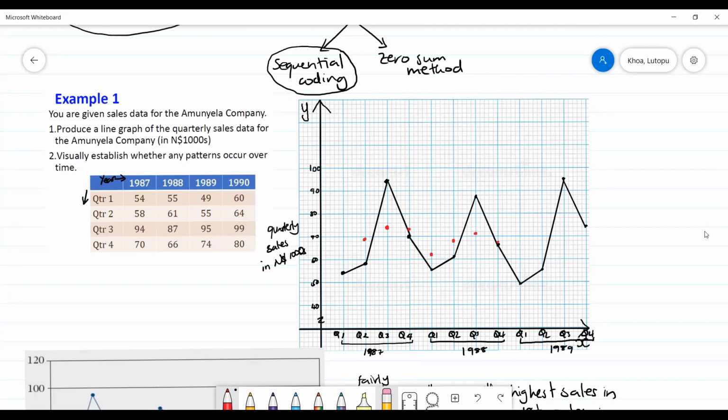Then we have 56.67. So that's 50. So right here. Then 66.3. There. And 74.67.